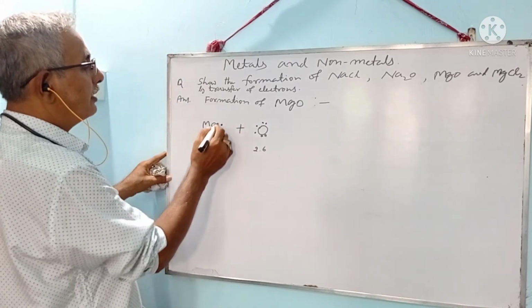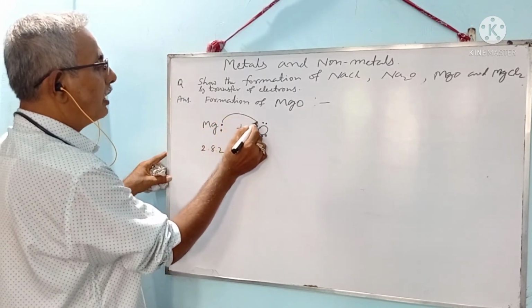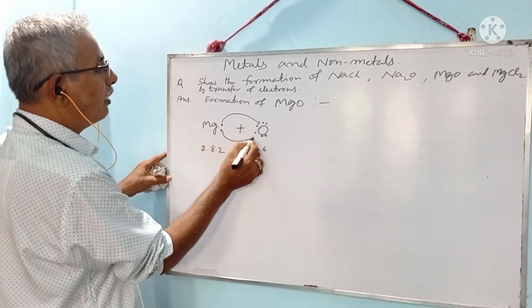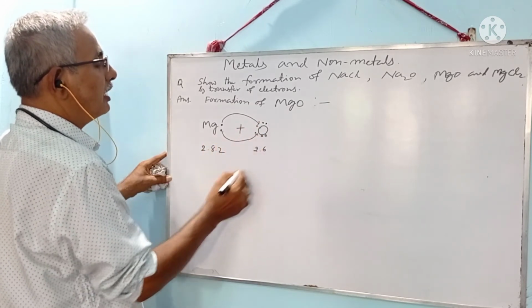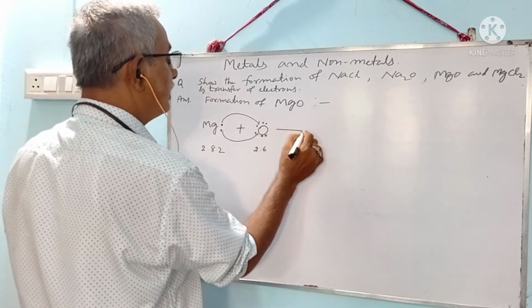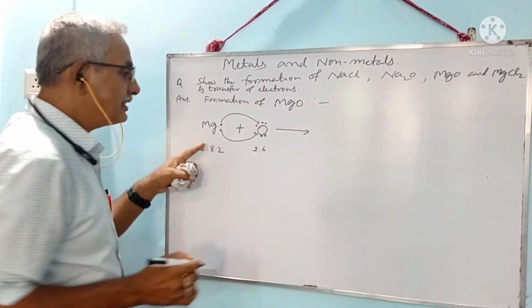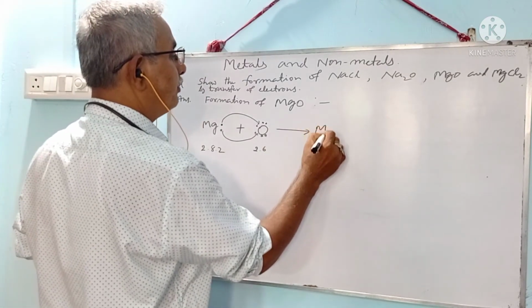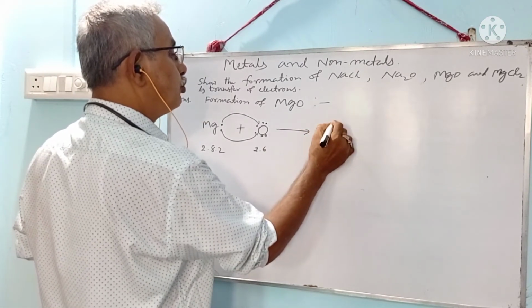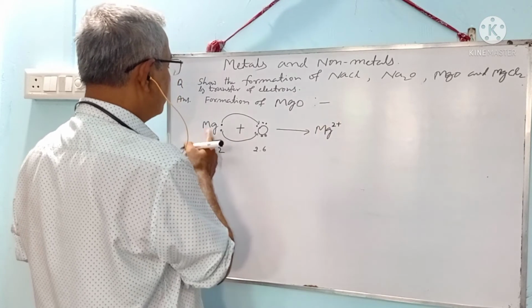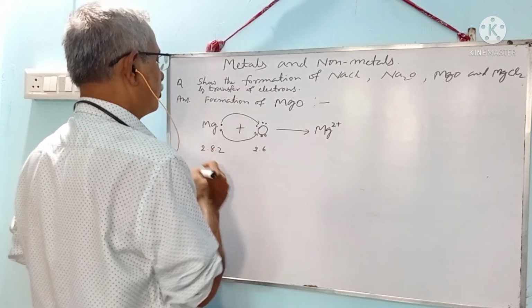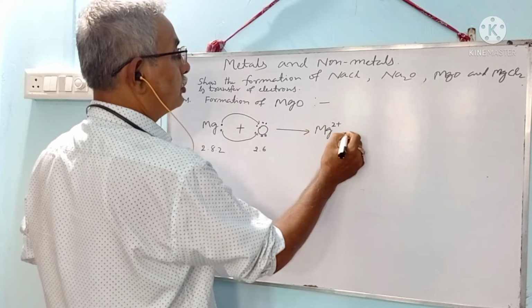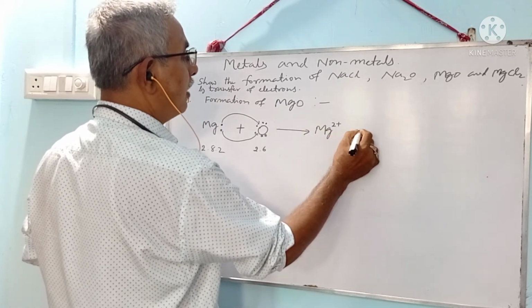Now what happens? From here 1 electron is transferred and from here also 1 electron is transferred. Now what happens? Do you understand? Magnesium is losing 2 electrons. So magnesium becomes 2 positive. Why 2 positive? Because it has lost electrons. And oxygen has done what?